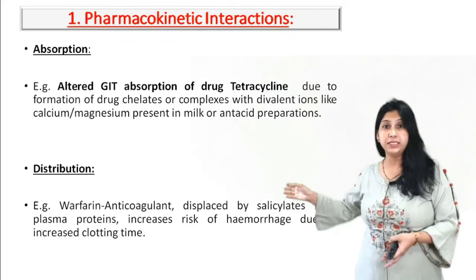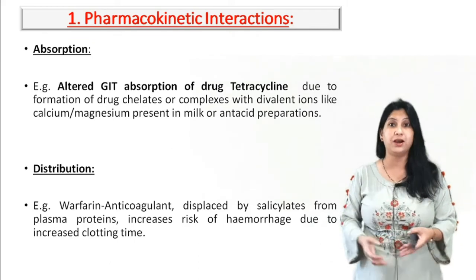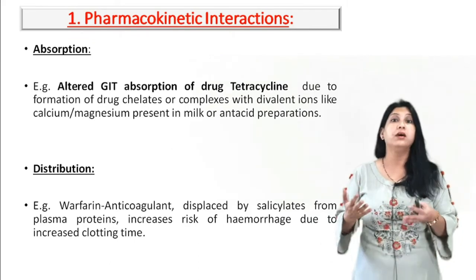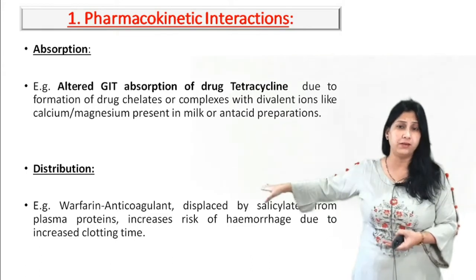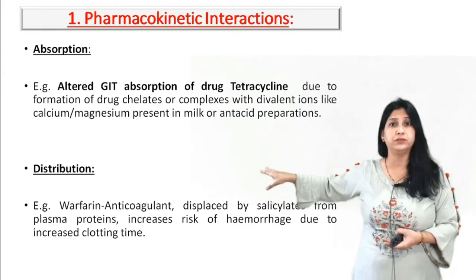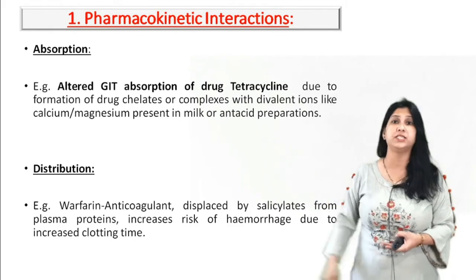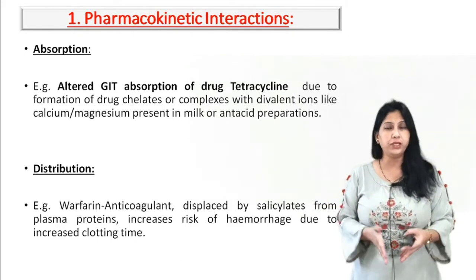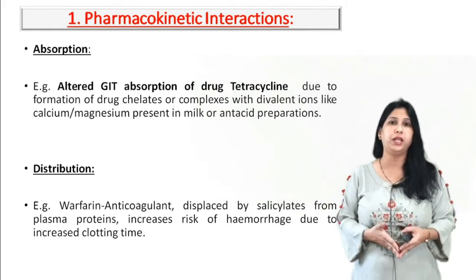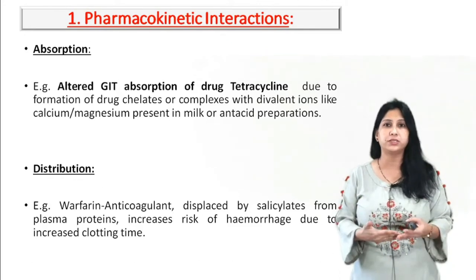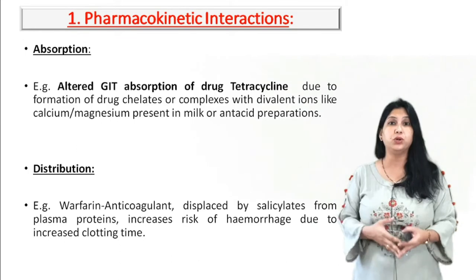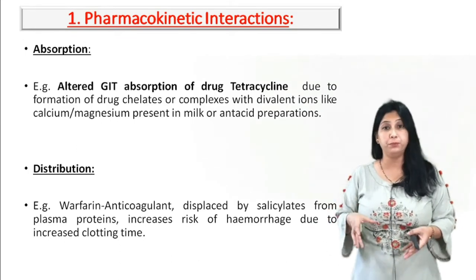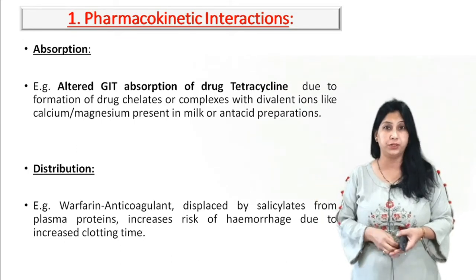Let's see the example of distribution, how the distribution of a drug can get changed. Here I have shown the example of an anticoagulant drug, warfarin. Warfarin is distributed throughout the circulatory system by binding with the plasma proteins, right? Whatever fraction is free will exert the therapeutic response.